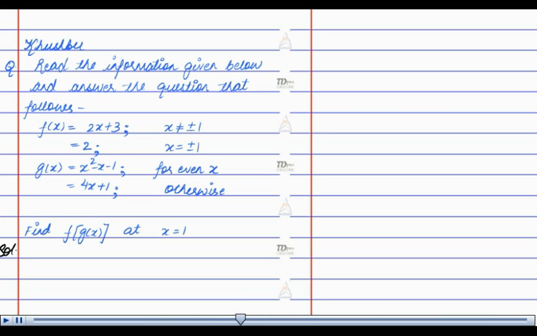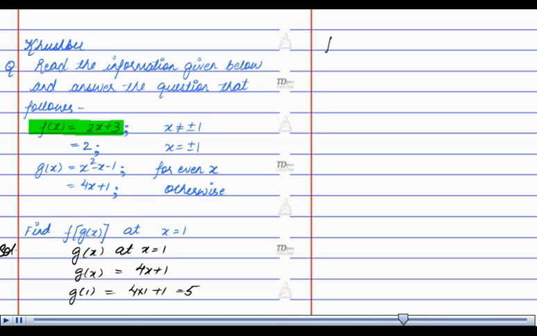We first find g(x) at x = 1. Since 1 is not even, we get g(x) as 4x + 1. So g(1) will be 4 into 1 plus 1, that is 5. f(x) therefore becomes 2x + 3 since 5 is not equal to ±1.